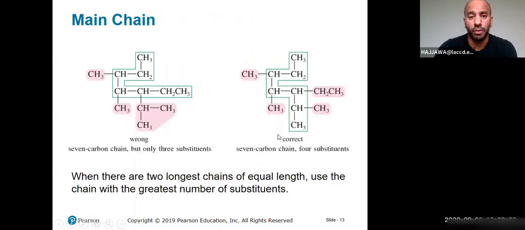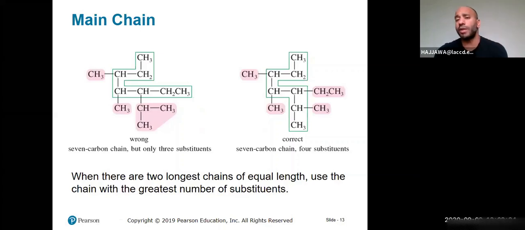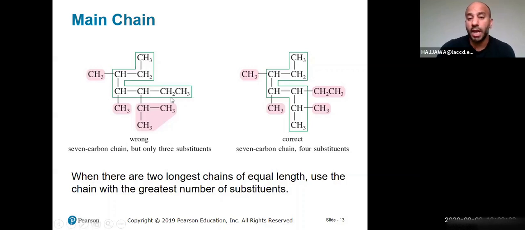Next, what would you do? Let's look at another example where you have a 7-carbon chain versus another 7-carbon chain. Looking at these 2 molecules, which of the 2 is more correct? Always look for the longest chain of carbons that is going to have more branches, more substituents attached, because that's going to make the name as simple as possible.